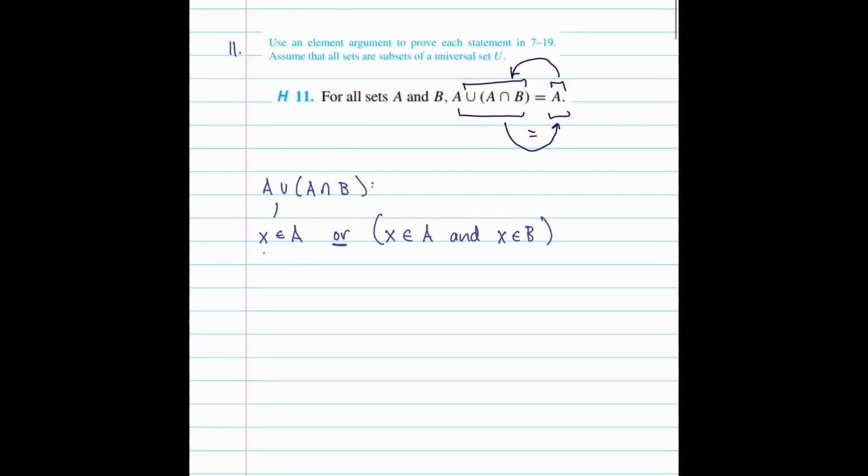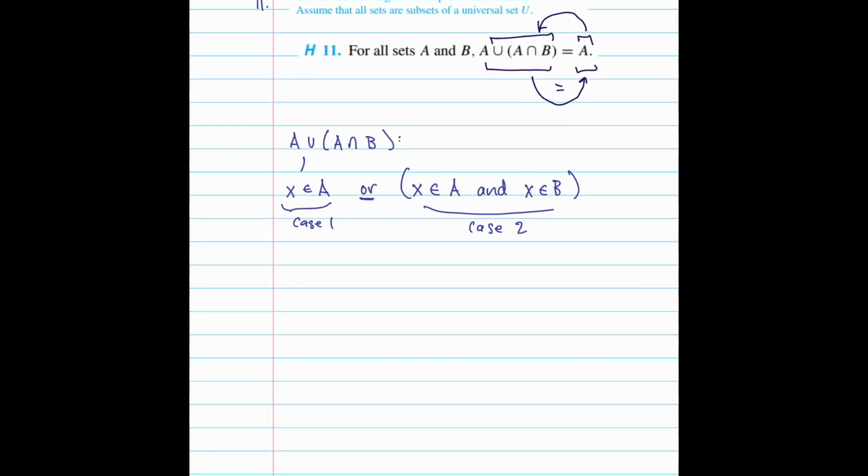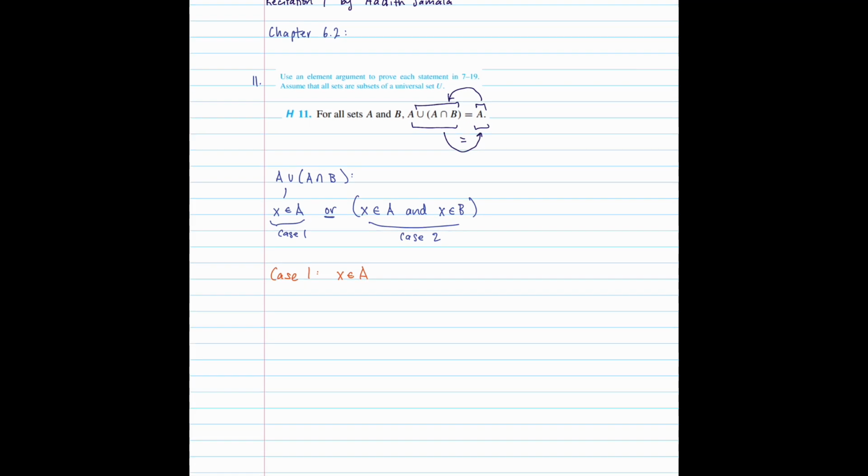Since it says or here, we could basically break this up into case 1, then case 2. We'll begin with X is an element of A. So when we have multiple cases like this, what you want to do is prove that each case goes to A. So the ultimate goal here is to prove that X is an element of A, and the ultimate goal of this one is also to prove X is an element of A.